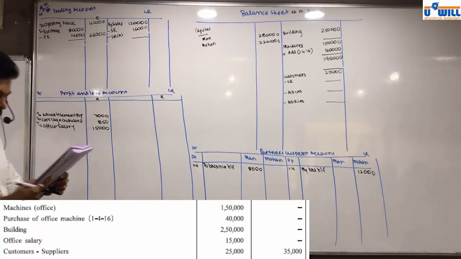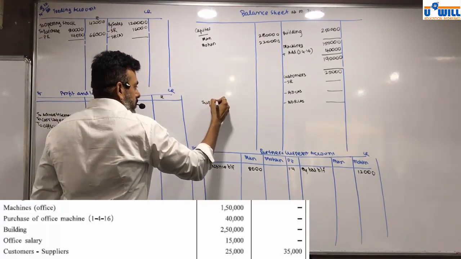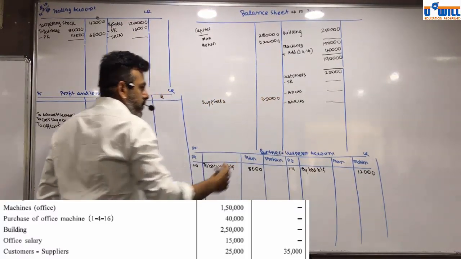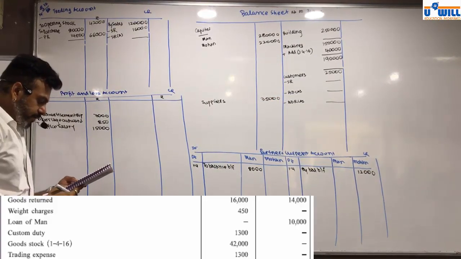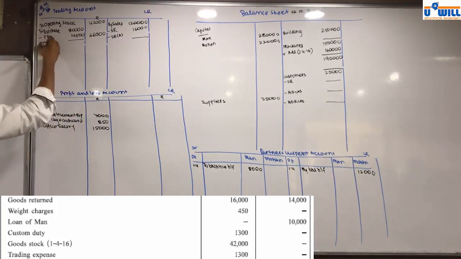Suppliers 35,000. Goods return done. Freight charges 450, trading account.